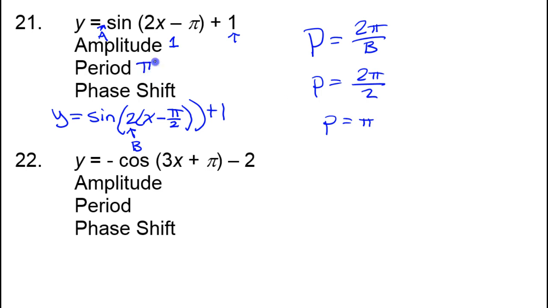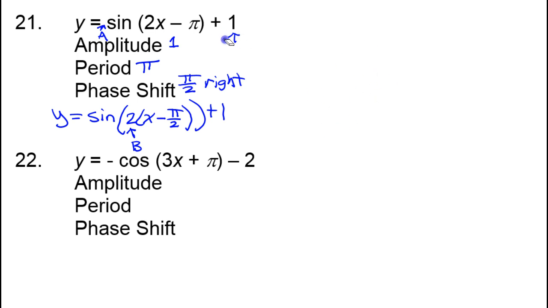Now that I have factored out the b value, as I must, I can see that the phase shift is not pi, but rather pi over 2. And because it's minus, it will actually be to the right. So the phase shift is pi over 2 to the right. And now I am able to sketch the graph. This plus 1 over here on the end is going to be a vertical shift of up 1.